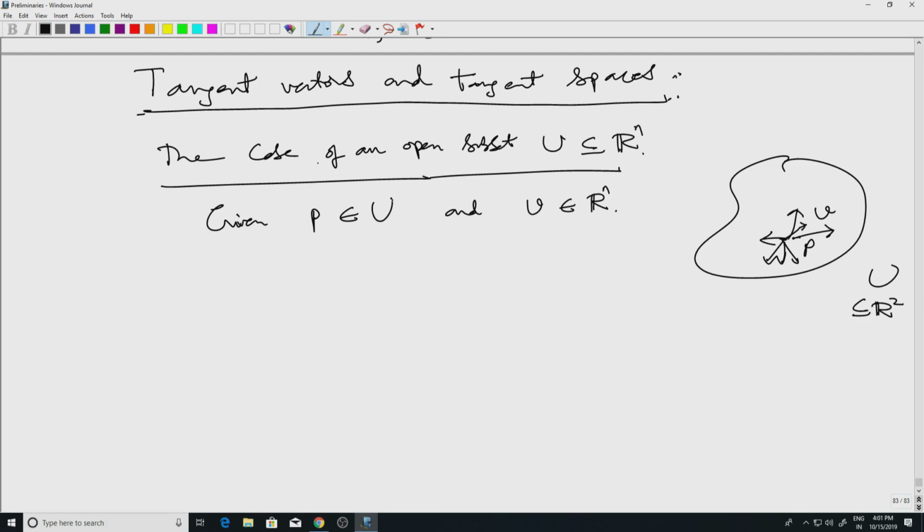As we just discussed, any vector in Rn can be intuitively regarded as a tangent vector at P. Any element of Rn can be regarded as a tangent vector at P. But I want to get hold of this V in a more abstract way. So instead of this V as a point in Rn, let me define a map.